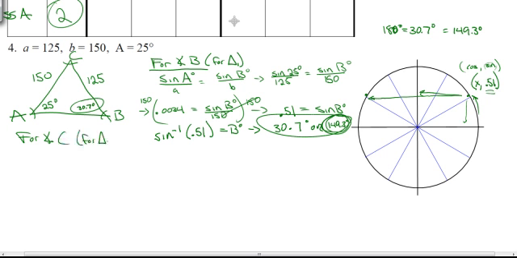for triangle 1. And that's simply taking 180 degrees and subtracting the sum of 25 degrees plus 30.7 degrees. And if I plug that into my calculator, which I'm going to because I'm lazy and I never trust my own arithmetic. By the way, doing math is not about arithmetic.